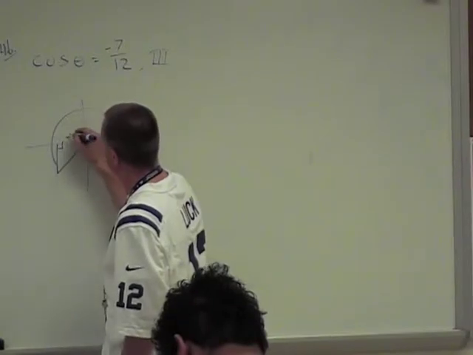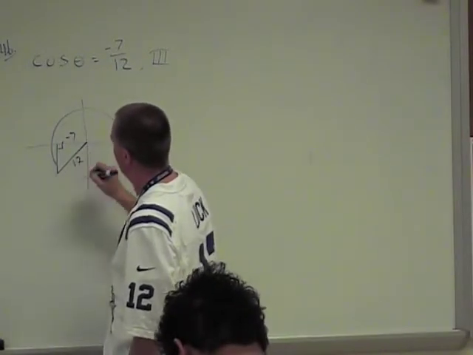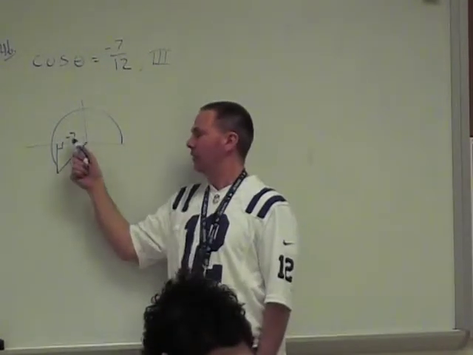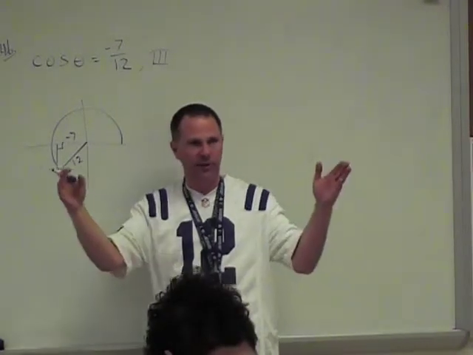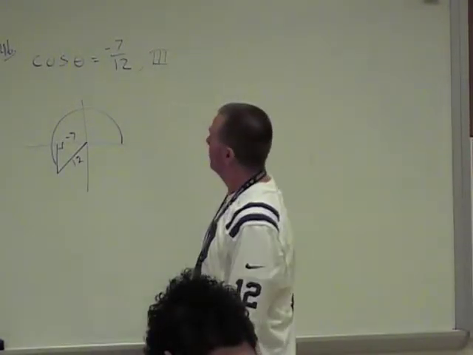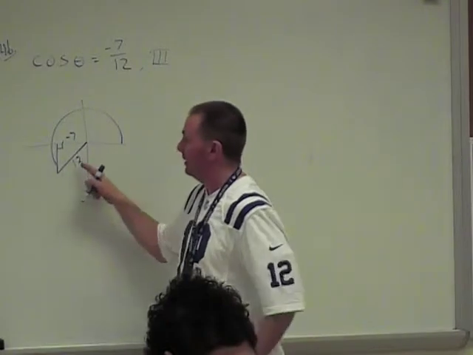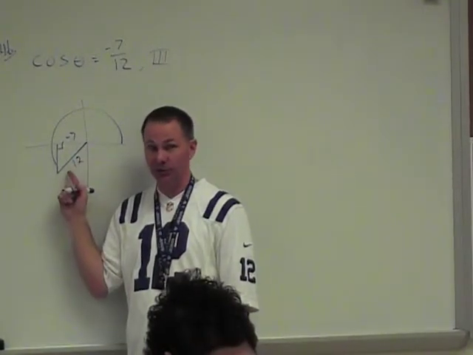X is negative 7. The hypotenuse is 12, so that's why it's negative. Negative over positive, the radius is always positive. Okay, so here's what you have. It is obviously not a unit circle because h is 12, not 1.